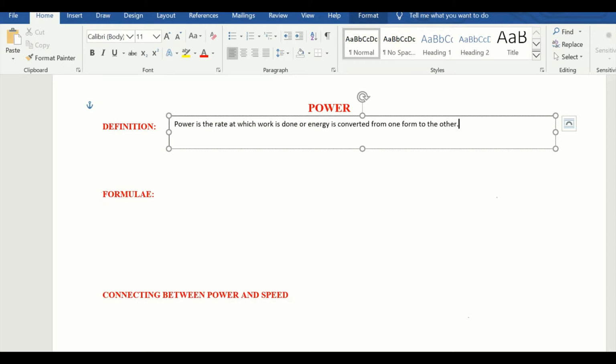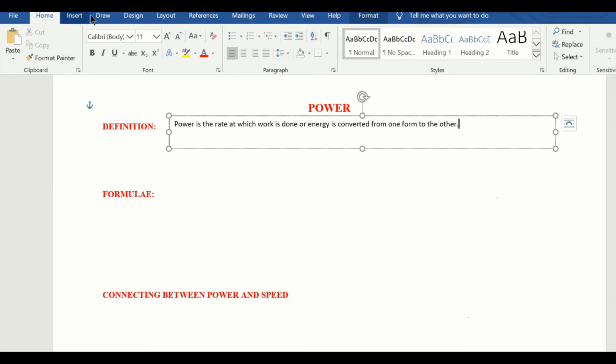In our previous classes, we learned that energy can be converted from one form to another. For example, a battery can convert chemical energy into what? Electrical energy. So the rate at which this conversion takes place is called power.